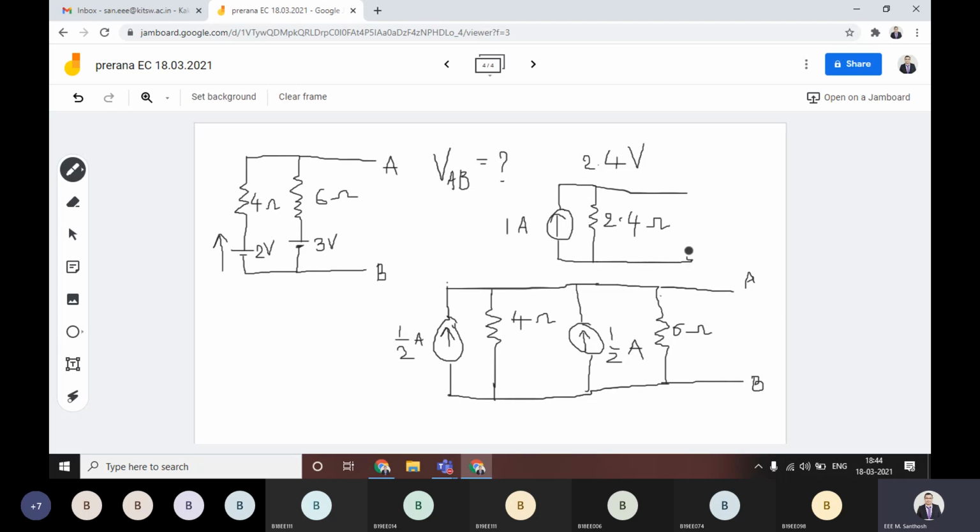Then directly you can tell this is A, this is B. The voltage across this: you have current, you have resistor, 2.4 ohm into 1. VAB is equal to 2.4 volts. As simple as that.